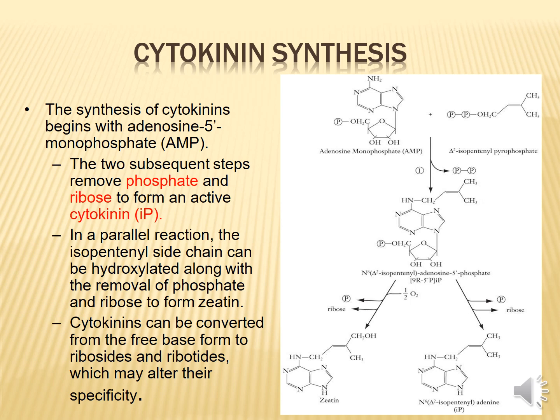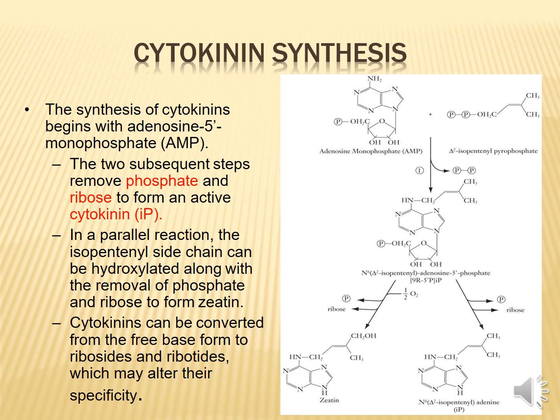N-isopentyladenine. But they have another reaction, another pathway, which is from the AMP they also produce the zeatin, which is a different cytokinin hormone. So in this process, the isopentenyl side chain can be hydroxylated, along with the removal of the phosphate and the ribose to form zeatin.